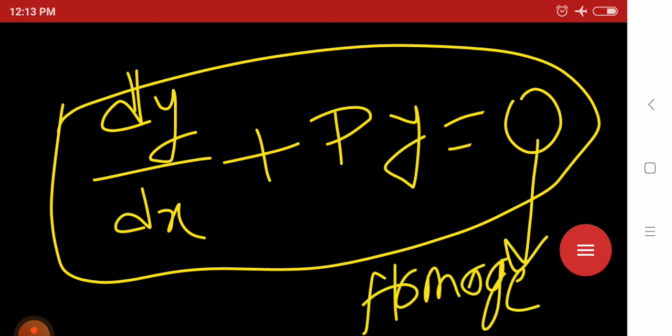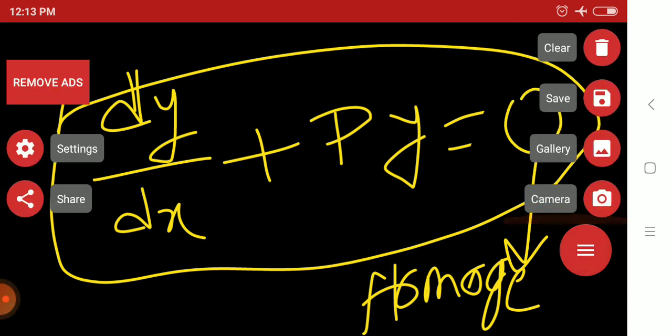There is a lot to discuss about homogeneous, but for the time being, know this only, because today's topic is equation reducible into homogeneous equation.